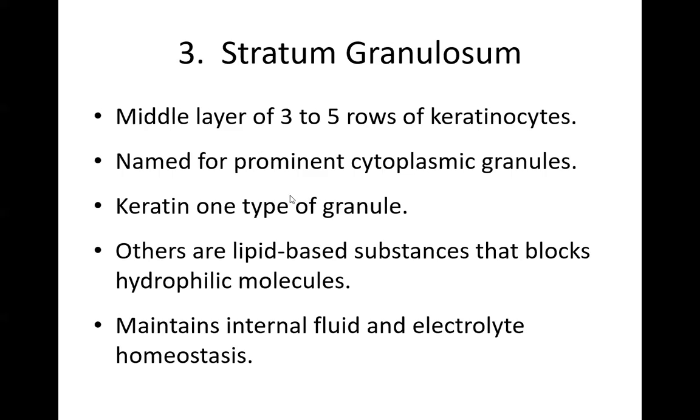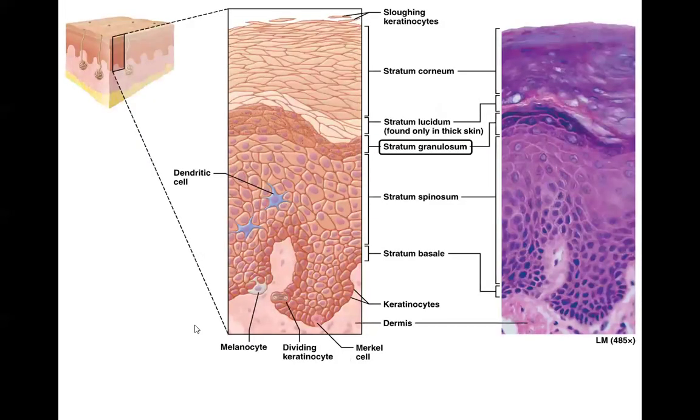They are named for prominent cytoplasmic granules. Keratin is one type of granule, and others are lipid-based substances that block hydrophilic molecules. It maintains the internal fluid and electrolyte homeostasis.